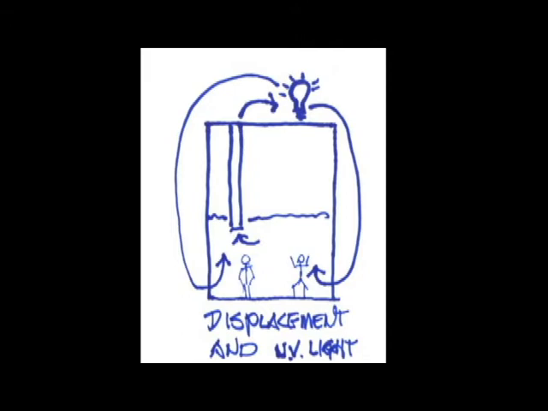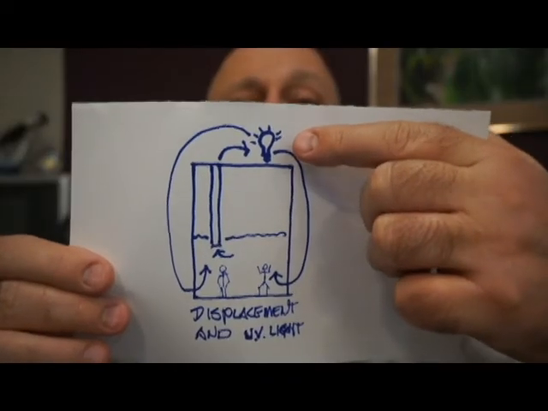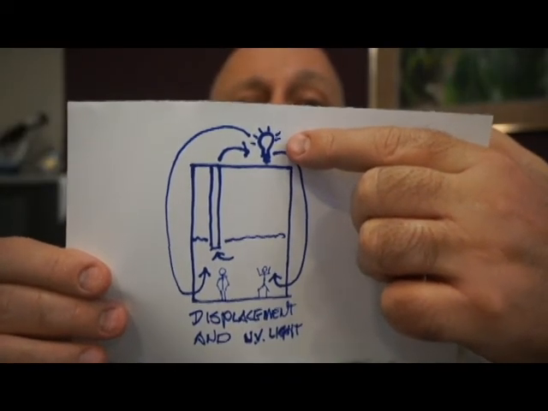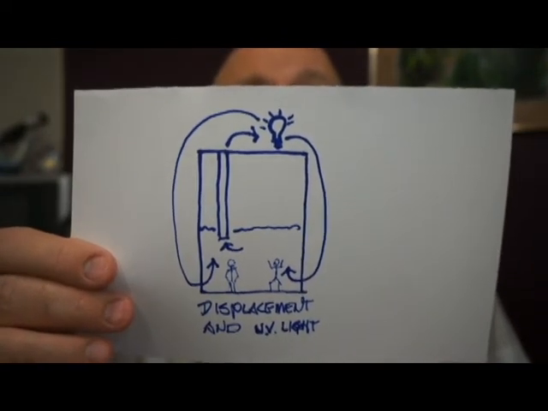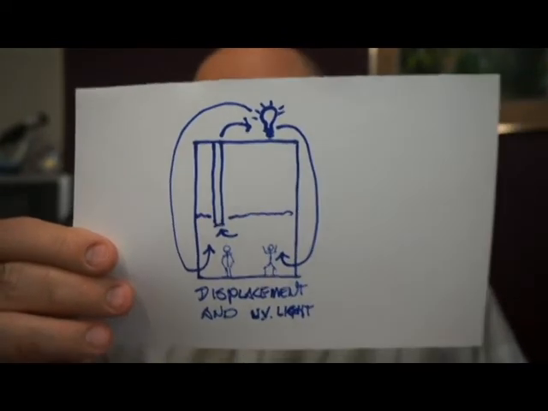So you get your savings in air conditioning cost, and you get your improved indoor air quality due to displacement ventilation. But up at the top here, where we would normally expect me to show an air conditioning unit, I'm showing a light bulb. And the advantage of the light bulb is that it's a UV light.